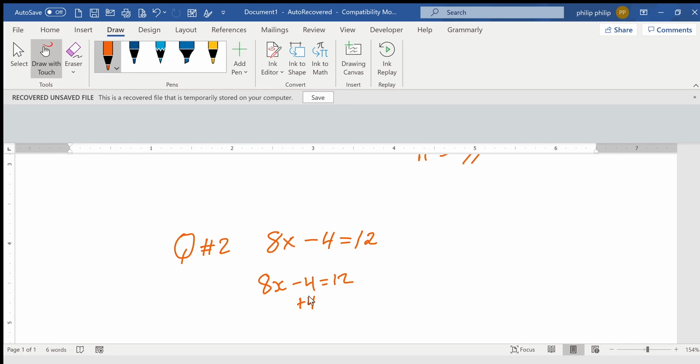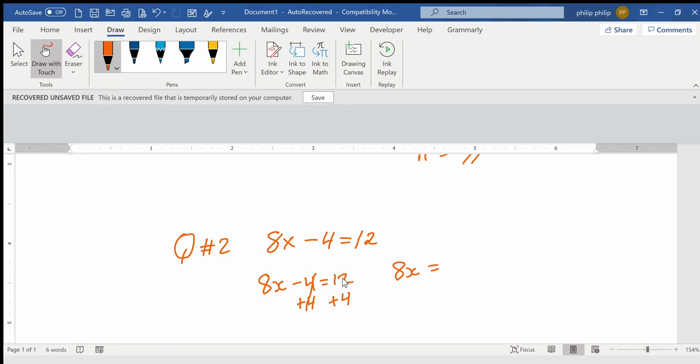Plus 4, minus 4. Whatever we do on the left hand side, we do also on the right hand side. So we add positive 4 to this. So 4 and 4 cross out, and we have 8x equals, now 12 plus 4.